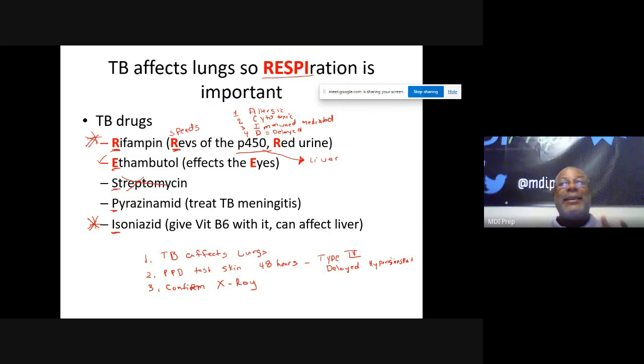That means if a patient is taking rifampin and they're taking another drug that's metabolized in the liver, let's give you an example. Let's say warfarin. What do we use warfarin for?